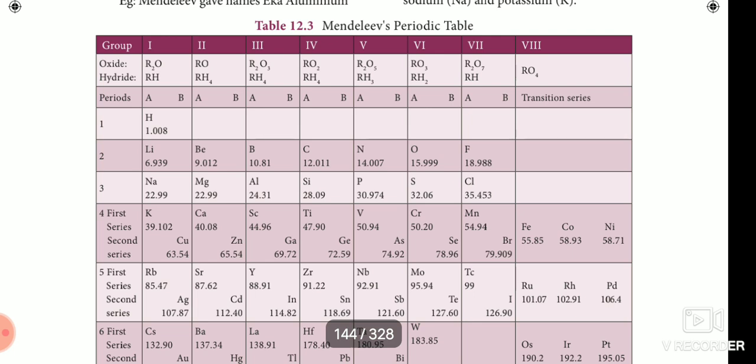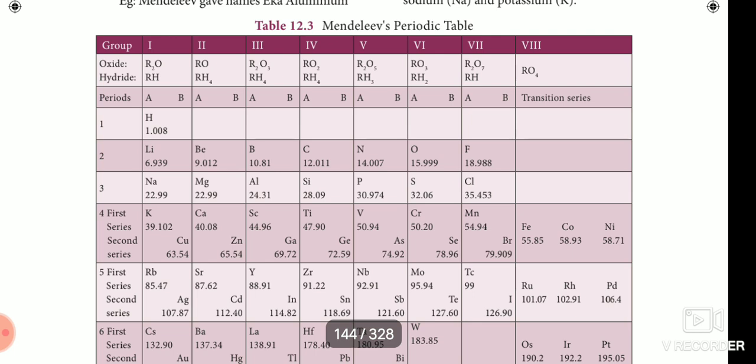Hydrogen is in the first group, and lithium, beryllium, boron, carbon, nitrogen, oxygen, fluorine are the second period elements. Then the third period elements are sodium, magnesium, aluminium, silicon, phosphorus, sulfur and chlorine.